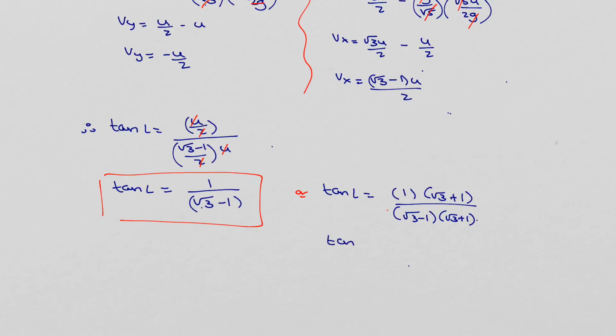Therefore tan of my landing angle would be equal to root 3 plus 1 over root 3 by root 3, which is 3, plus root 3 minus root 3 is 0, and minus 1. So tan of my landing angle could also be written as root 3 plus 1 over 2. Both of those answers would be tan of our landing angle.